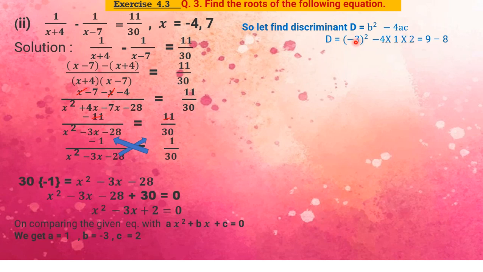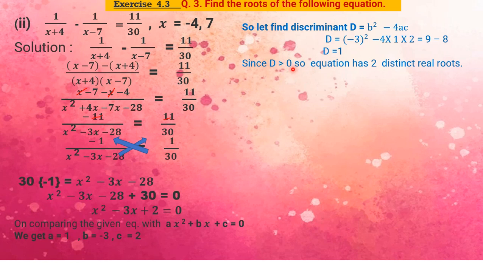So we get 3 threes are 9 and minus 4 into 2 is 8. So 9 minus 8 is the value of D. We get D is equal to 1. Now this 1 is greater than 0.